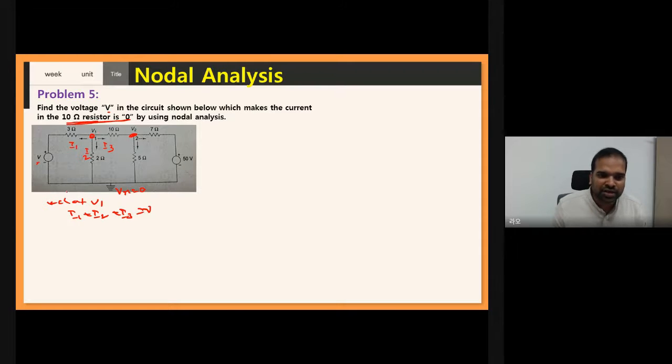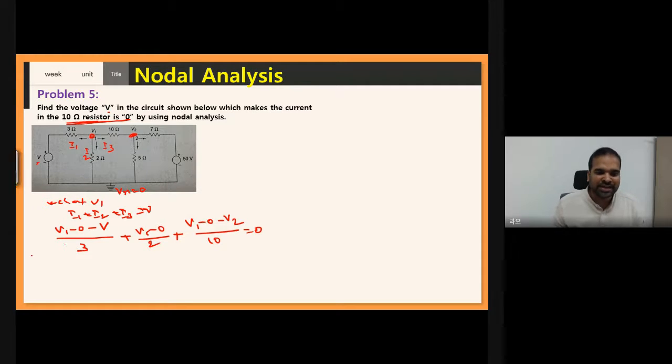Therefore I1 is V1 with reference to 0 minus V, since they haven't given any numeric value, they simply give V. Don't get confused between V1 and V; these both are different. So I1 is (V1 minus V) by 3, plus I2, which is (V1 minus 0) by 2, plus I3, which is (V1 minus 0 minus V2) by 10, equal to 0.